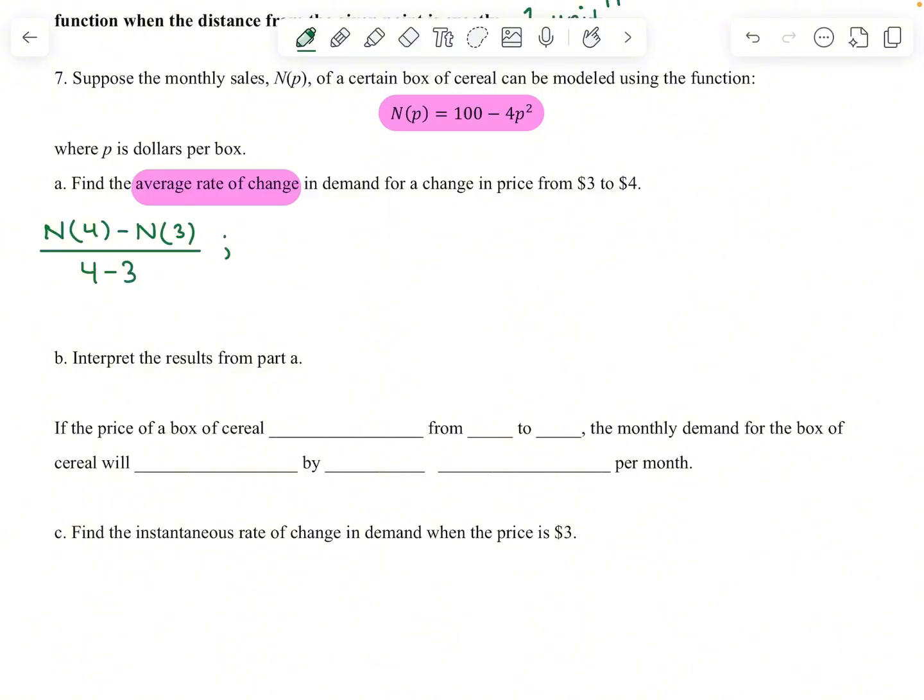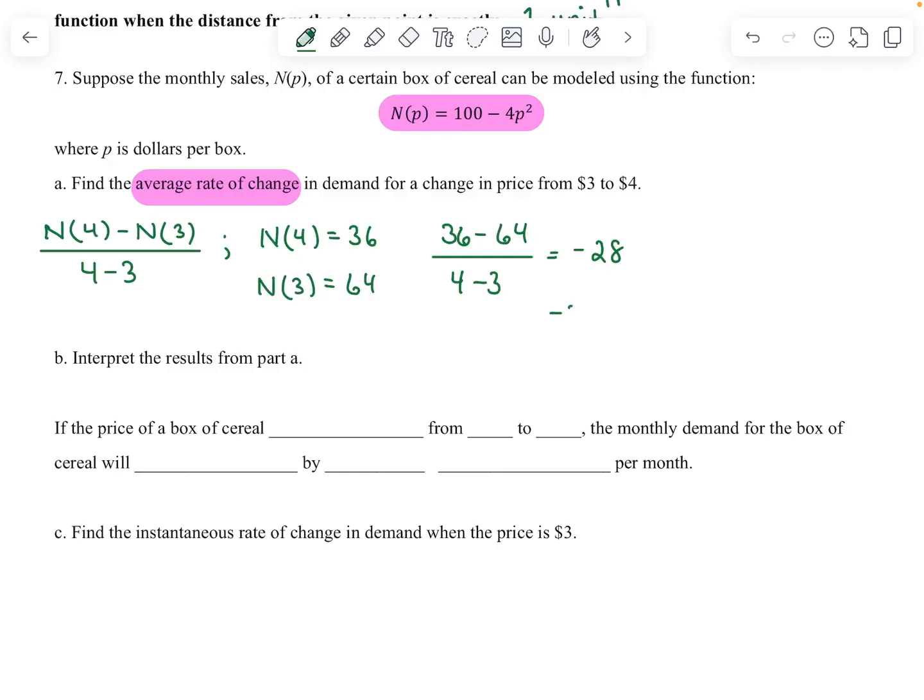In Desmos, you can evaluate n of 4 and n of 3. n of 4 will equal 36, and n of 3 will equal 64. So the average rate of change will be 36 minus 64, all divided by 4 minus 3, and this will equal negative 28.